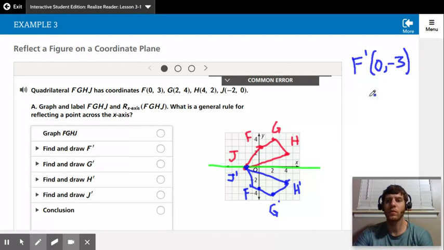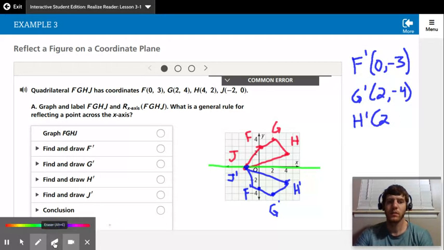Okay, if we look at the coordinates for G, was 2, 4, G prime is going to be 2, negative 4. Okay, if we look at H, H was 4, 2, H prime is going to be 4, negative 2.